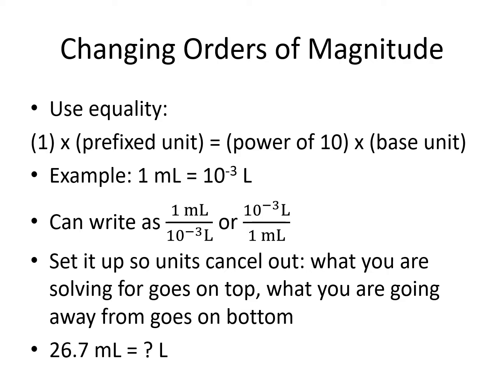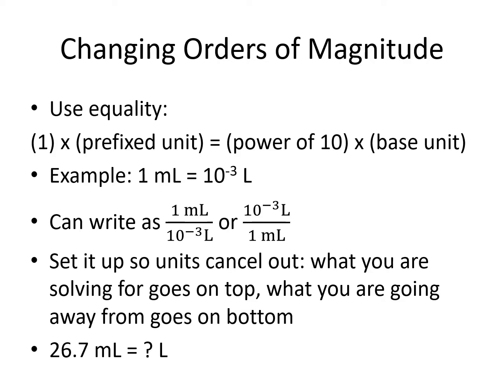My prefix and my power of 10 always go on opposite sides of my equality, and therefore opposite sides of my conversion factor. Again, I can write my conversion factor 2 different ways, either with milliliters on top and liters on bottom, or liters on top and milliliters on bottom. I will choose the one that allows my units to cancel out properly.